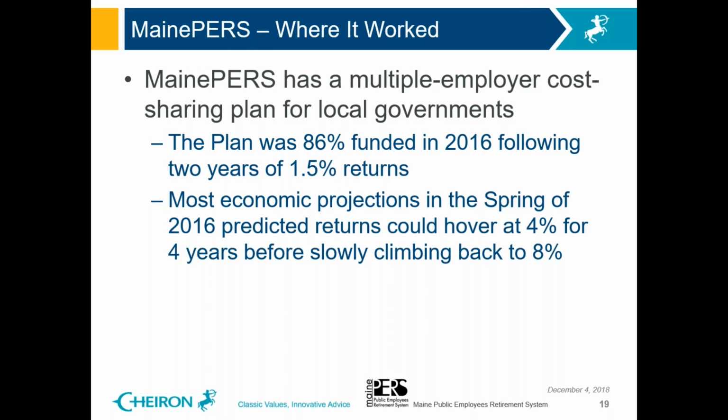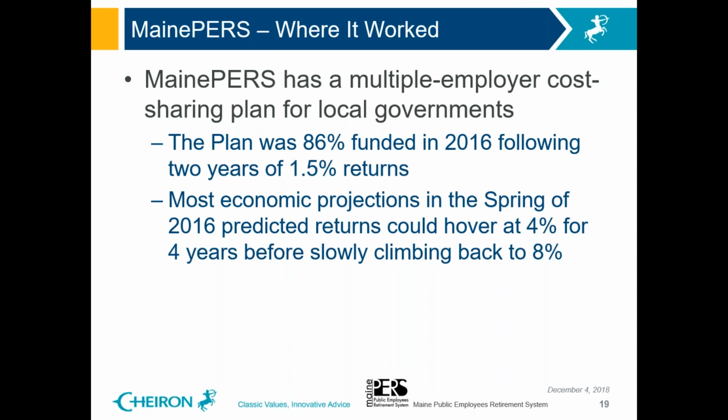So in the spring of 2016, a lot of the economic predictions were that the markets were going to stay where they were and gradually climb back up from this near break-even to where we could expect maybe 8% returns.